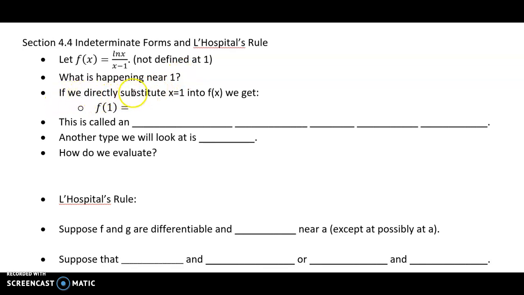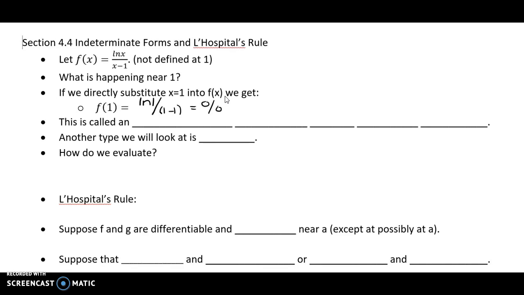If we directly substitute x equals 1 into the function, f of 1 is equal to the natural log of 1 divided by 1 minus 1, so that gives us 0 over 0.